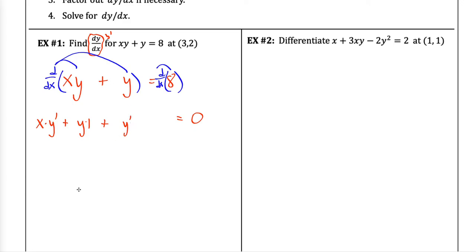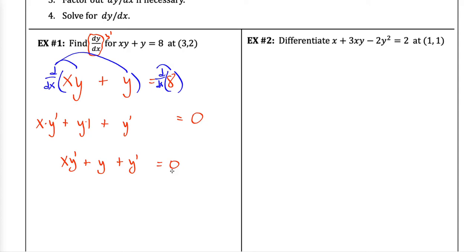Okay, how do I solve for y prime now? Because it's in two spots. Now this is like algebra skills. I can rewrite it if that helps, but. Do you want me to give you a minute to kind of stare at it and think about it and try to figure it out?